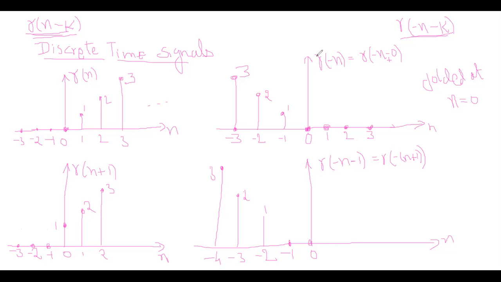Means R of minus n, the folding occurs at the 0. R of minus of n plus 1, the folding occurs at the minus 1. And R of minus of n plus 2, the folding occurs at the minus 2.